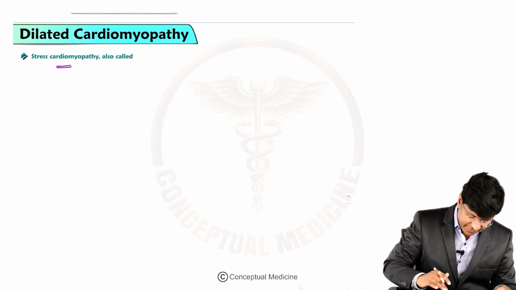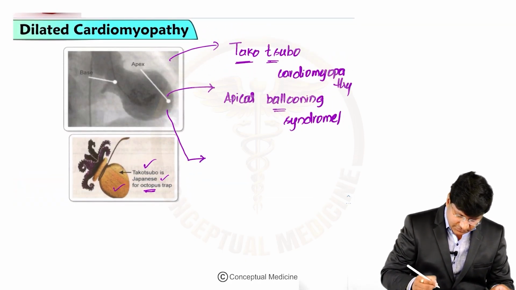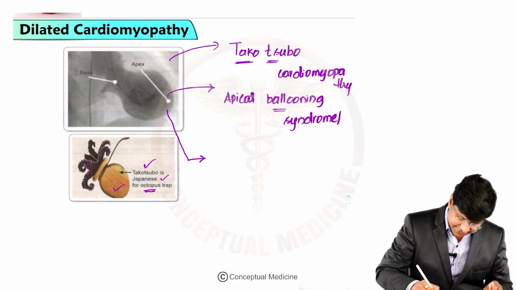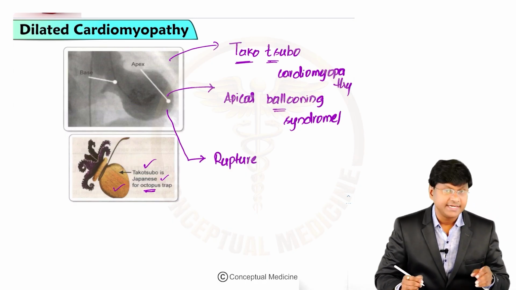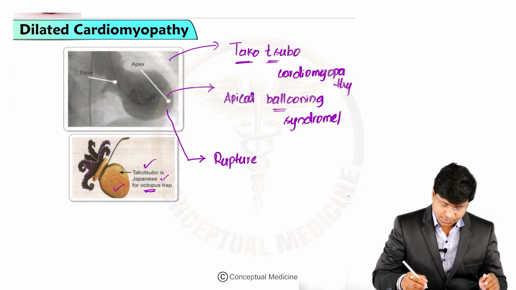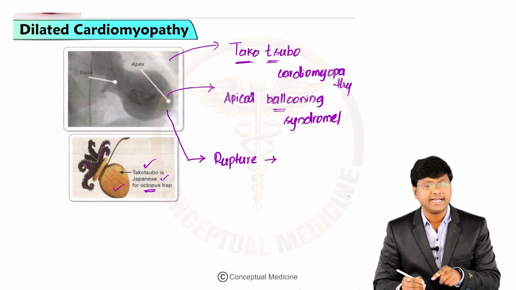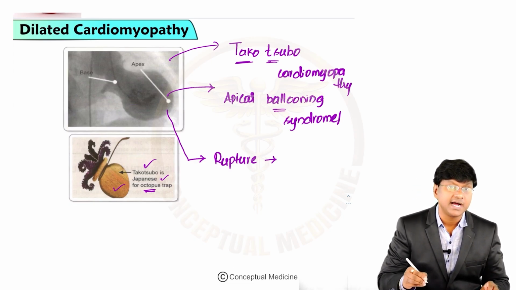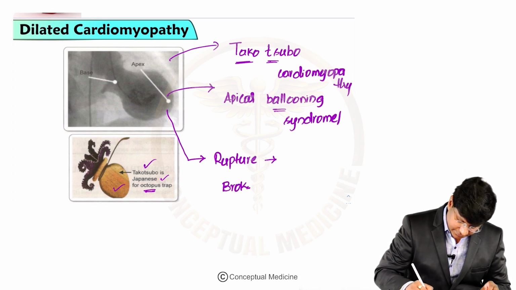And let me tell you, this apex of the heart which is ballooned out, there is a high chance that it can rupture. Once it ruptures, the individual will land up with what is called a broken heart, and that is the reason why it is called broken heart syndrome.